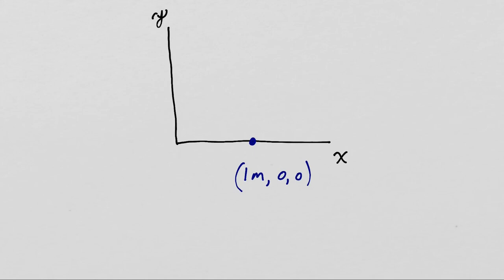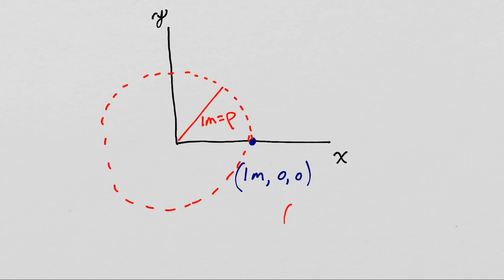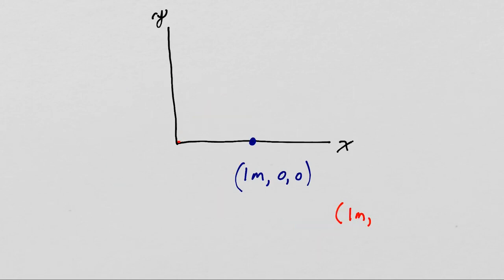The cross-section in the xy plane of the cylinder that goes through that point will be a circle of radius 1 meter. So that will be the rho component. So here is our plane that goes through that point that's attached to the z-axis, that semi-infinite plane, and we see that the angle it makes with the x-axis is 0.